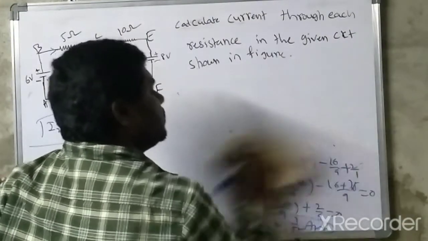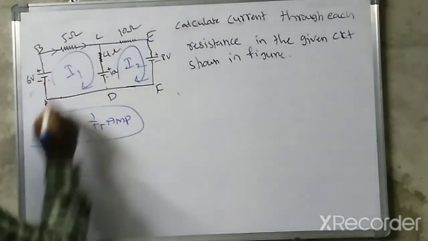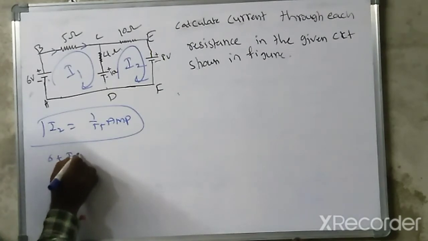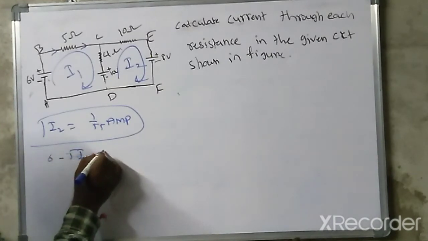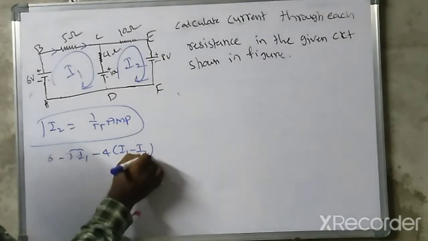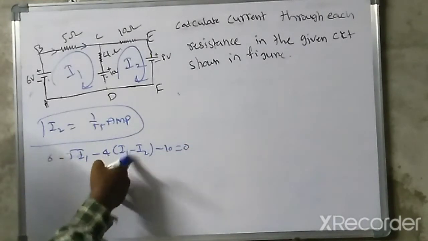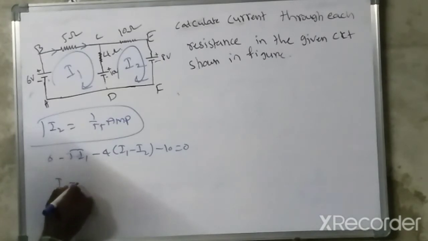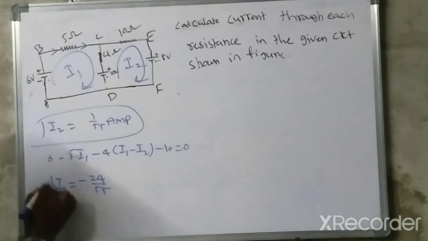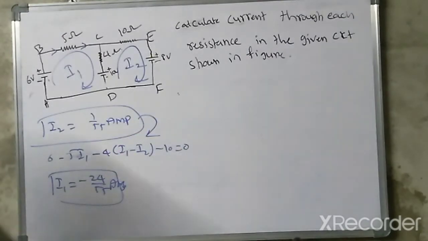Here the first loop equation: 6 plus I1 into 5, minus 4 into (I1 minus I2), minus 10 is equal to 0. Substitute I2 is equal to 1 by 55, and from this one you will get I1 is equal to minus 24 by 55 ampere.